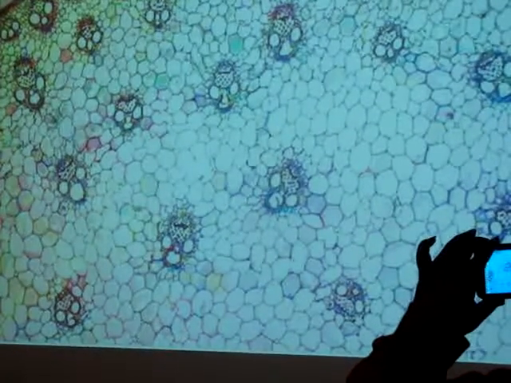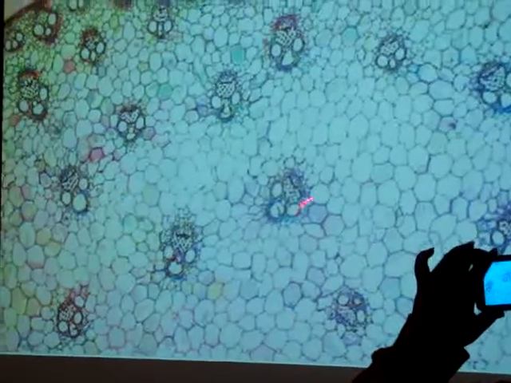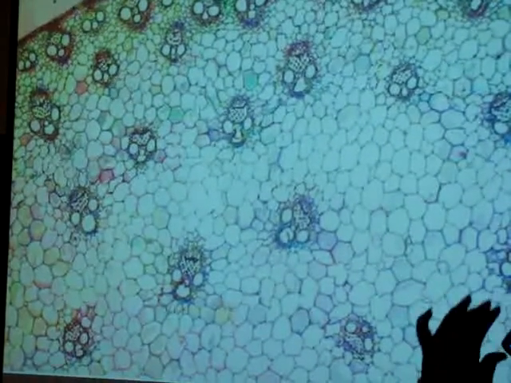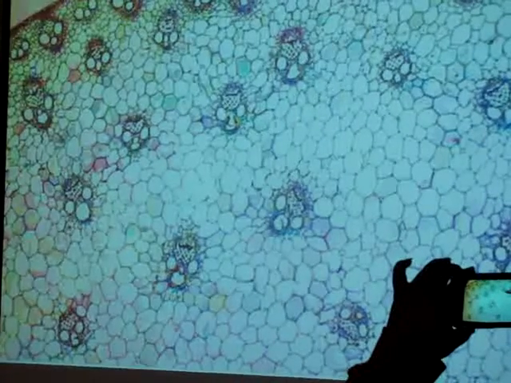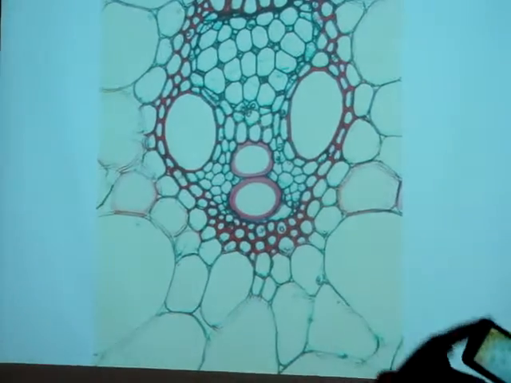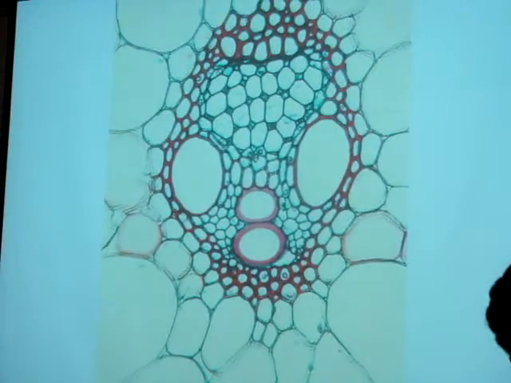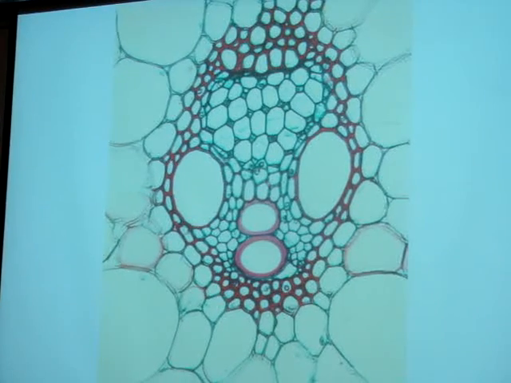Okay, more of the same. Notice that the vascular bundles are randomly placed. You don't have a pith. That's one of your tells that this is a monocot, because you have vascular bundles scattered randomly. Then you get up close and personal.